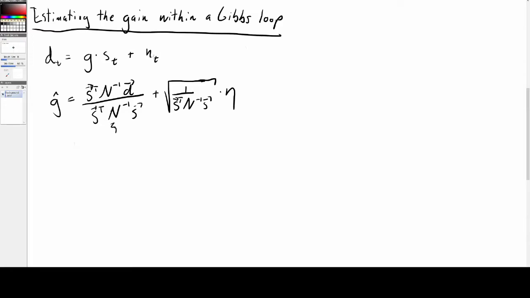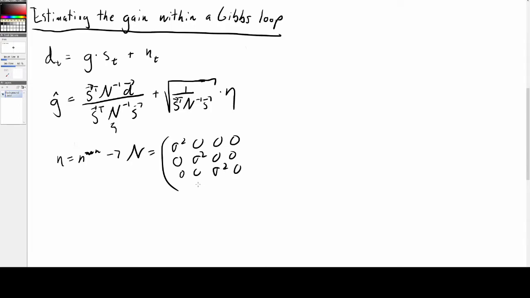So that means that in the case where the noise is pure white noise, which means that the covariance matrix is diagonal in, sorry, in time domain, in that case this sampling becomes quite easy.